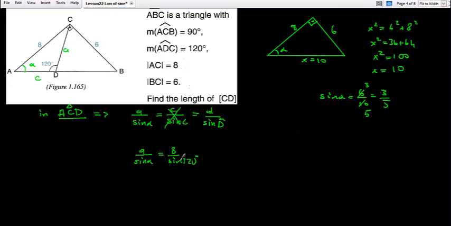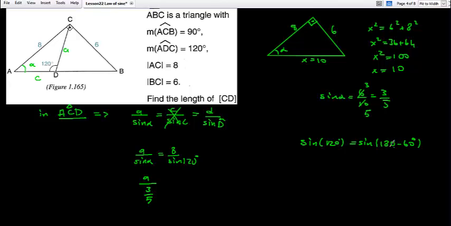And the second part, I need to find sine 120, because now I know sine alpha, which is 3 over 5, but I don't know what sine 120 is, because 120 is not a special angle for us except by reduction formulas. Sine 120 can be written as sine of 180 minus 60.